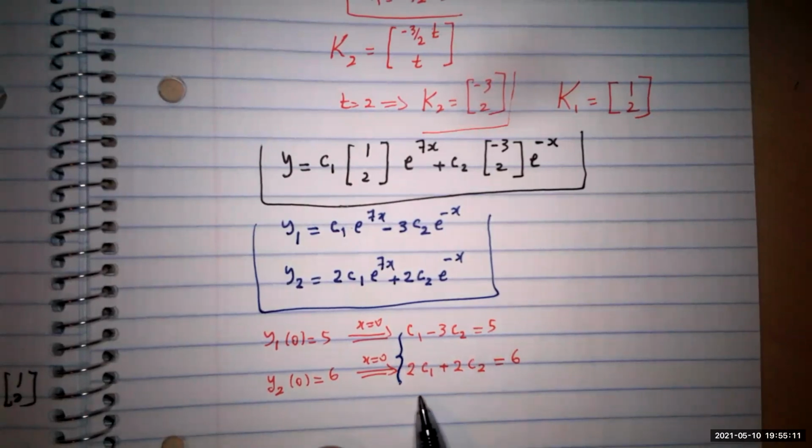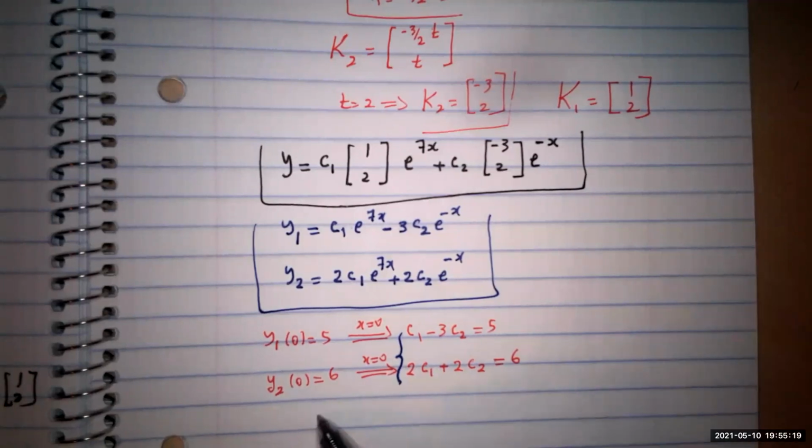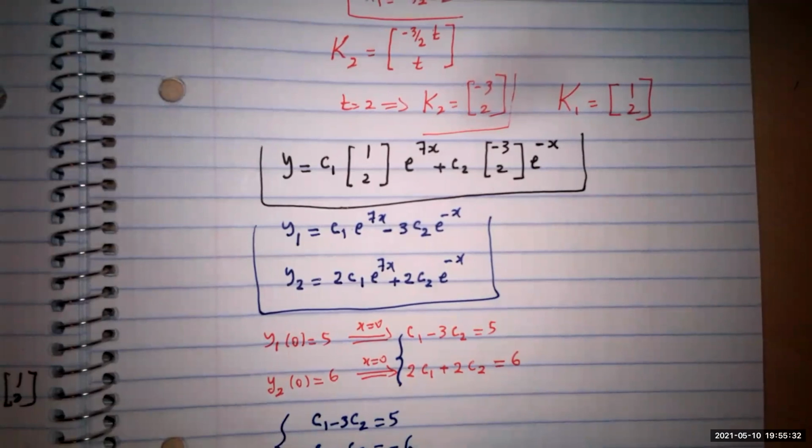If you like, you can multiply to cancel one of the variables. So it's c1 minus 3 c2 equal to 5. I divide the second one by -2: negative c1, negative c2, negative 3.